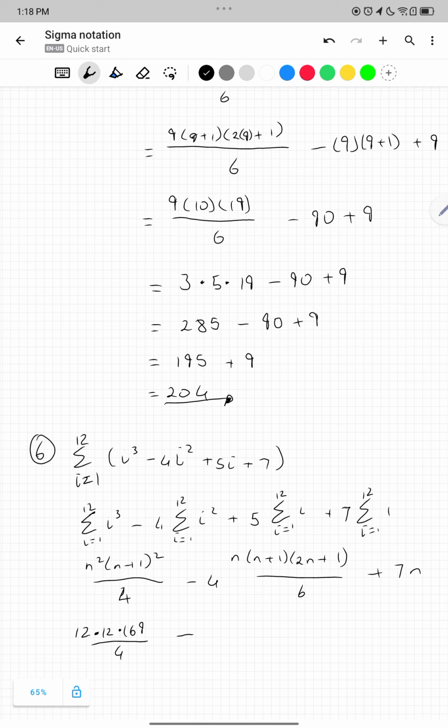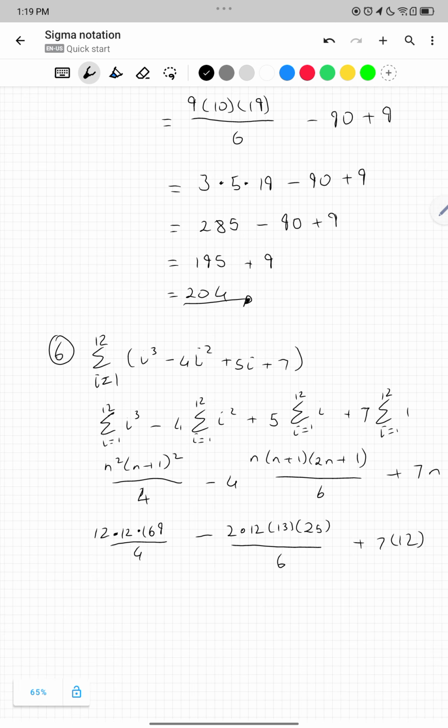Then we're gonna have 2 times 12, times 13. I'm gonna have 12 times 2 is 24 plus 1 is 25 all over 6, plus 7 times 12.